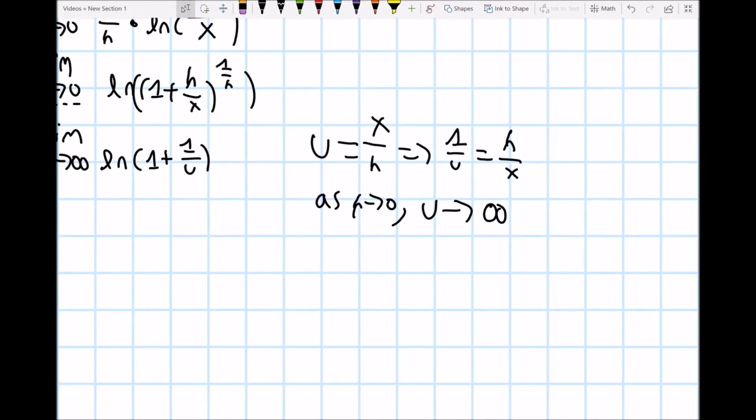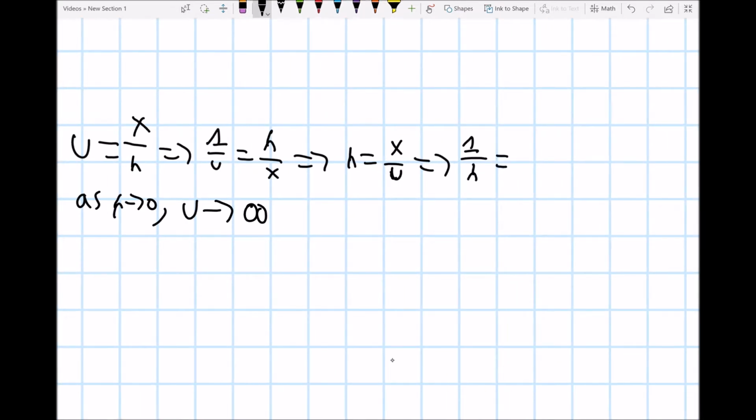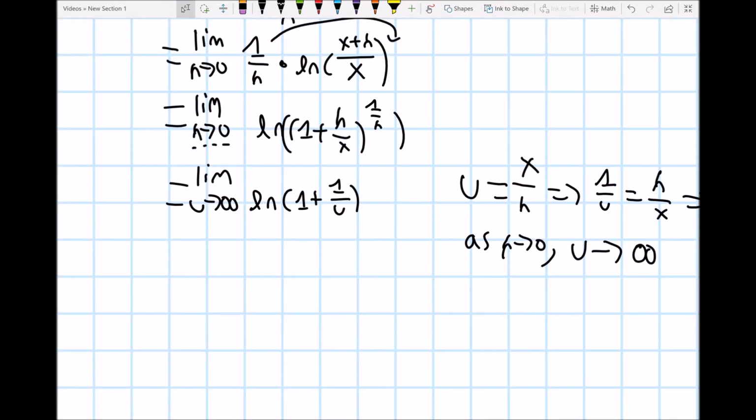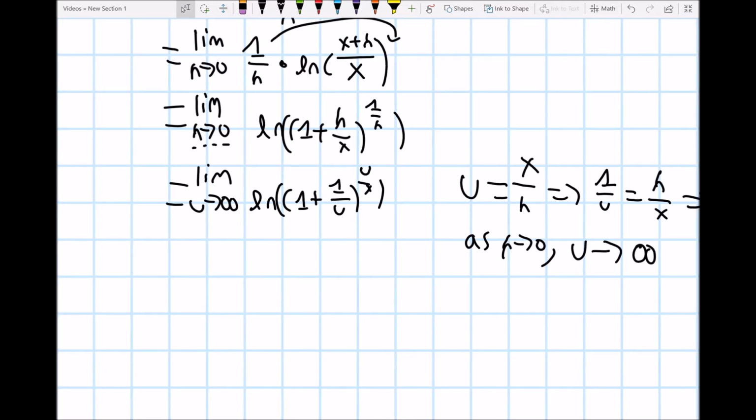Because of this, h is equal to x over u, and that implies that 1 over h is equal to u over x. So we can make that substitution, and this is then ln of 1 plus 1 over u to the exponent u over x, the limit as u approaches infinity.